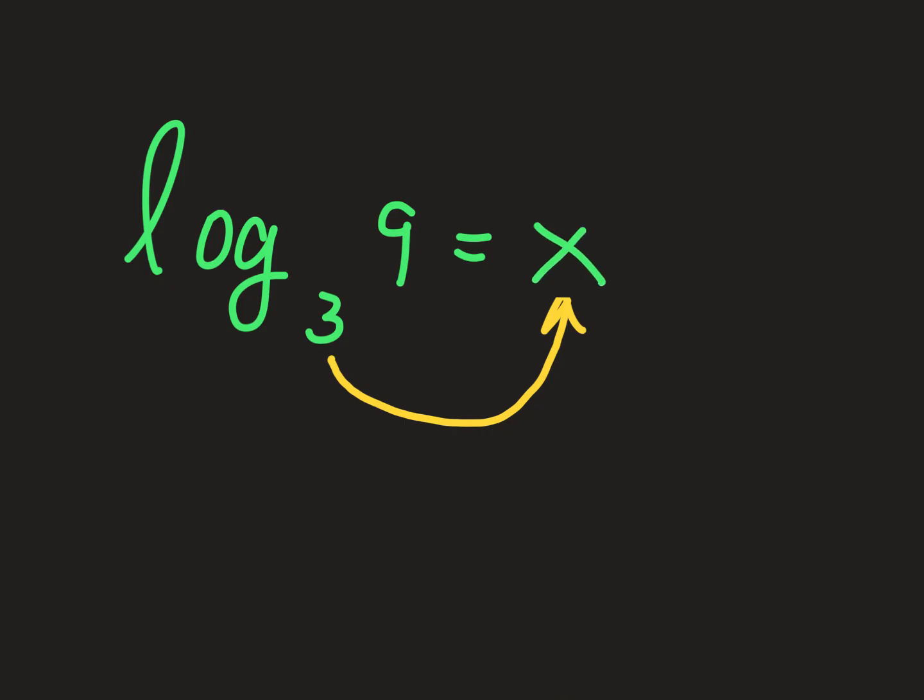So if I go from the 3 to the x, that's 3 to the x. And it comes back here, equals 9. From looking at that, can't you tell that x would be 2? Because 3 to the 2 equals 9, right?